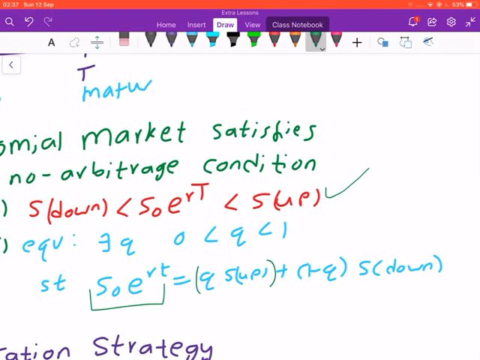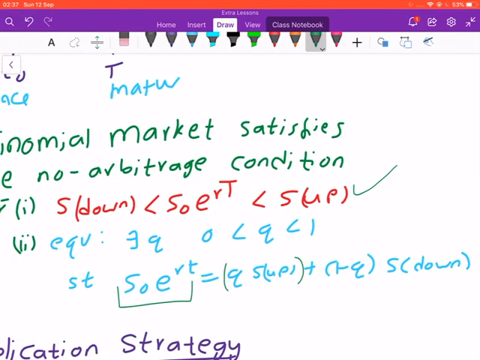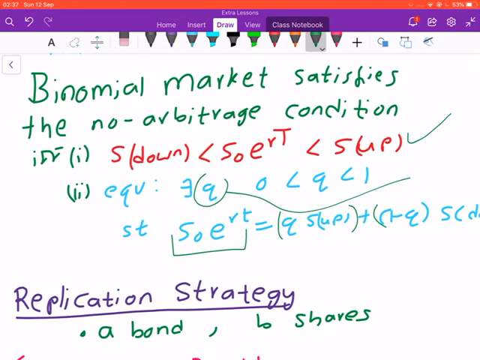So these statements are equivalent. They are mathematically equivalent. I will not try to show the proof for this one. And this q, we call it artificial probability, actually risk-neutral probability. So stick to the terms as we use them.